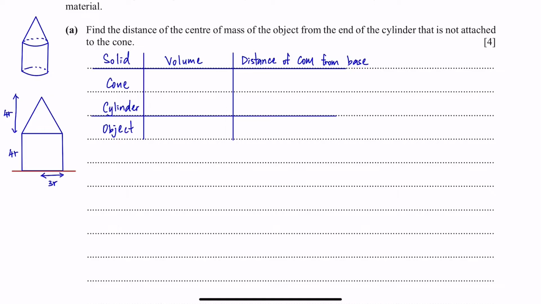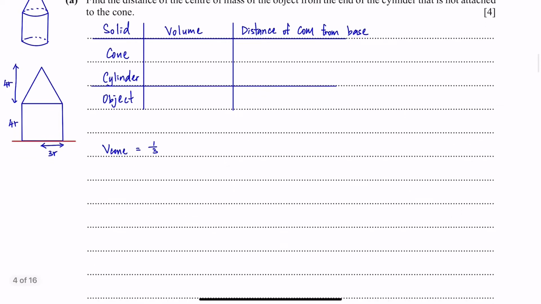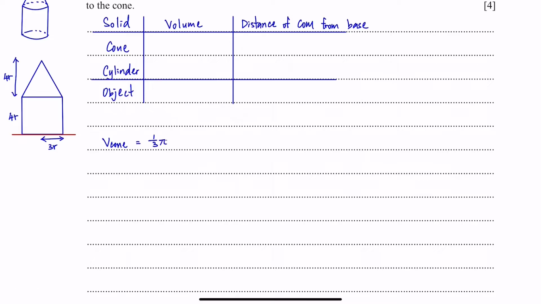Okay, so now for volume of cone. The volume of cone is basically 1/3 of the volume of cylinder. So 1/3 times pi r square h. And this would give us 12 pi r cubed.